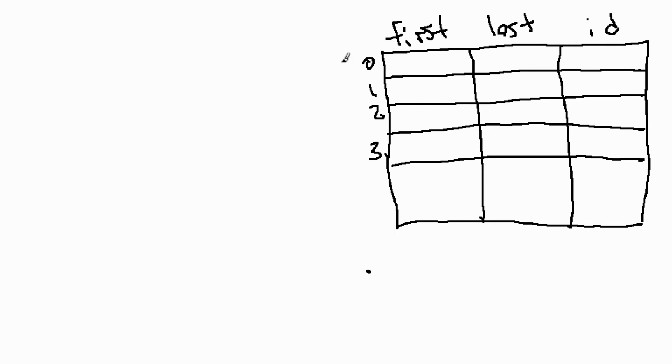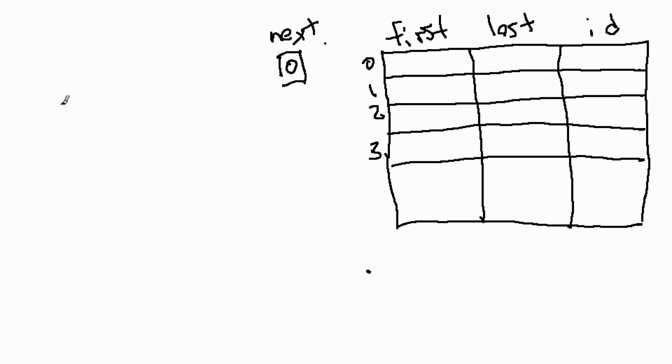We can imagine that there is a first name, a last name, and an ID. And we keep some reference variable like this that might be called next, that's initialized to 0. This is telling us where to put the next one in here.